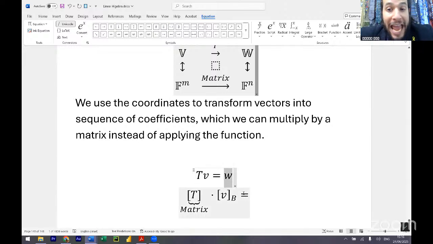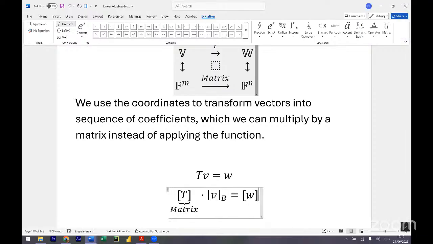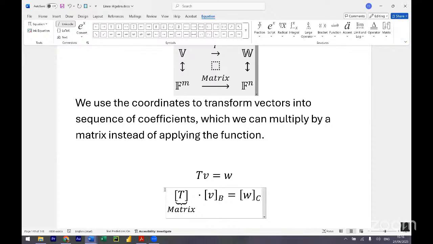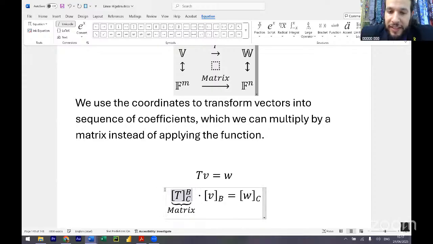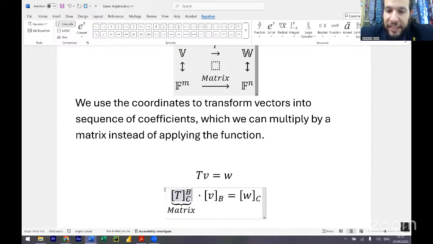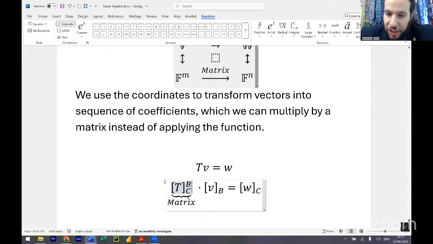It won't be the actual vector w, but its coordinates by some base of the range. And we write the bases B and C here. So that is the representing matrix of the linear transformation.